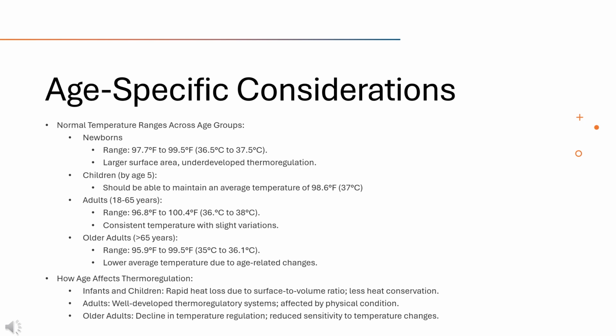Still, factors like fitness level, body composition, and nutrition can impact how well they manage temperature changes. And as people age, their ability to regulate temperature decreases. Older adults may not sense temperature changes as acutely, and their slower metabolism may dull their body's natural thermoregulatory responses. Conditions common in older age and certain medications can also hinder their ability to maintain a stable body temperature.